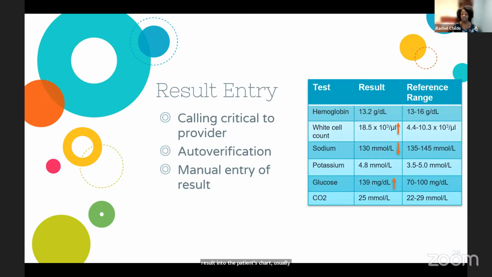So if we needed to do a dilution, or had to run the test twice because something happened with the instrument or the sample itself, or repeat the sample, that might require manual entry of that result. So results can be auto-verified, where it automatically goes into the chart, or you would have to manually enter that result into the patient's chart.